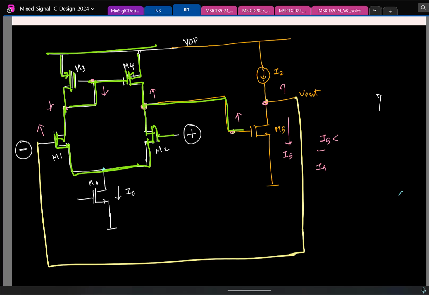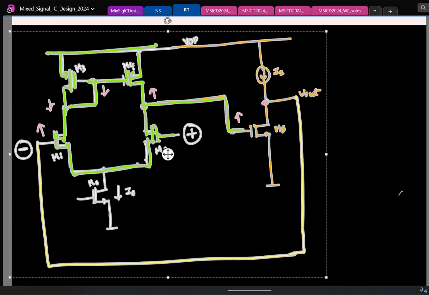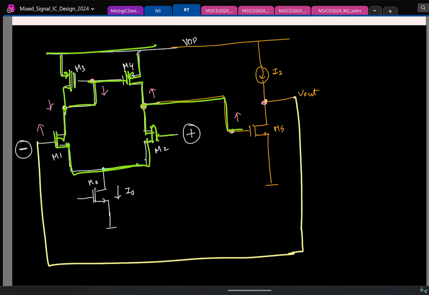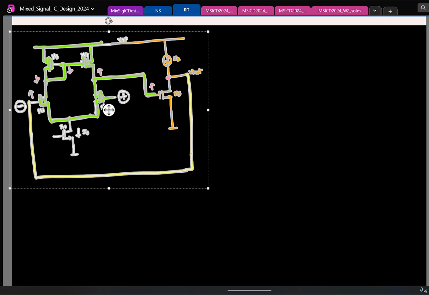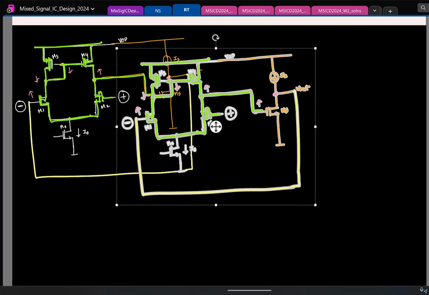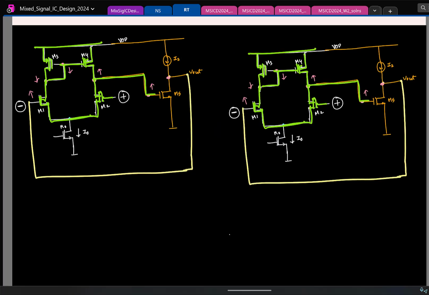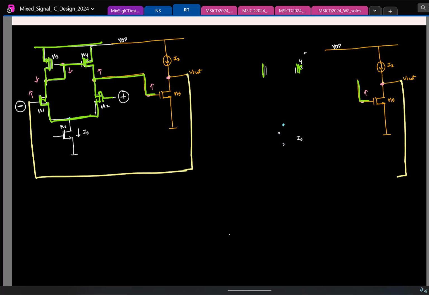So I can think of it like this. Let me make this small. This is as though I take only the second stage, and then what do I do?